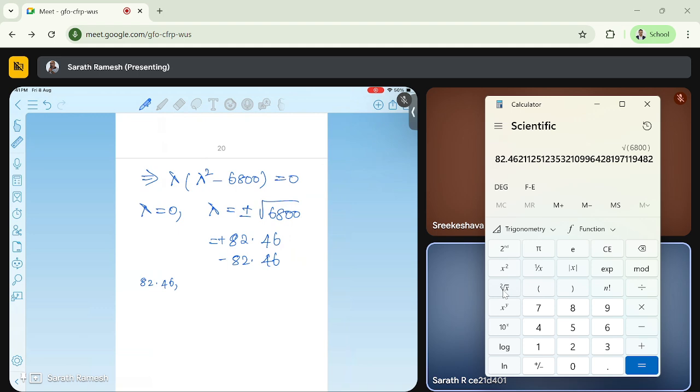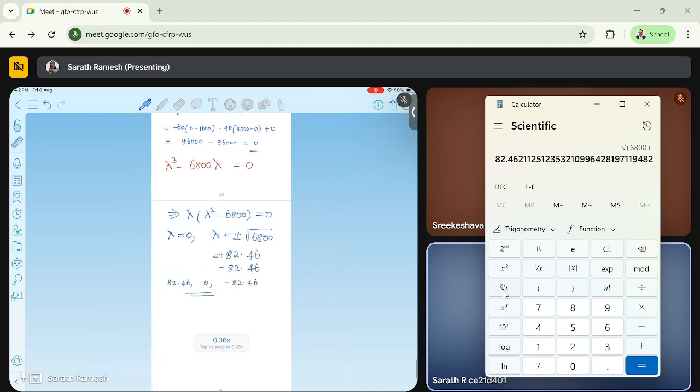0, and minus 82.46. Okay, so these are the three principal stresses, right? The maximum is 82.46, and the minimum is negative 82.46. Fine.